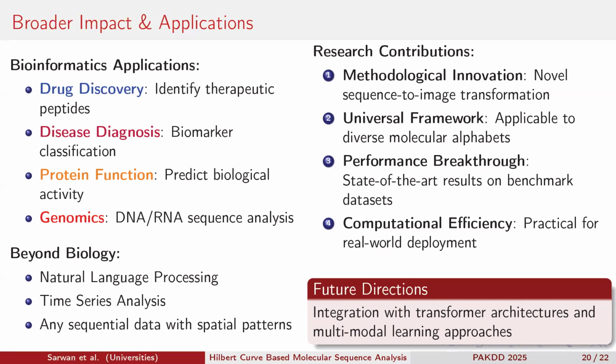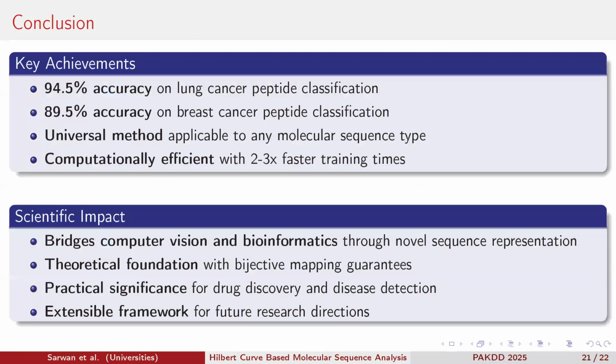Future directions include integration with transformer architectures and multimodal learning approaches, which could further enhance the performance. Okay, so let me conclude our key achievements. We showed superiority in predictive performance, and we developed a universal method applicable to any molecular sequence with better computational complexity.